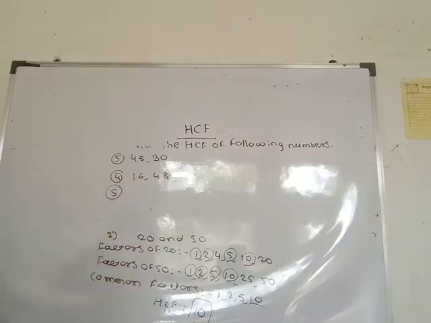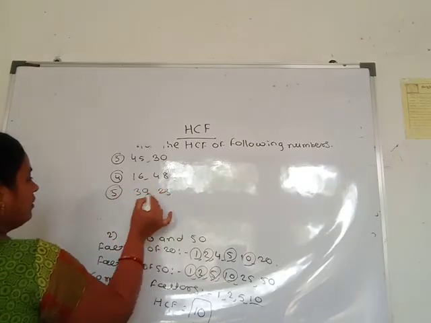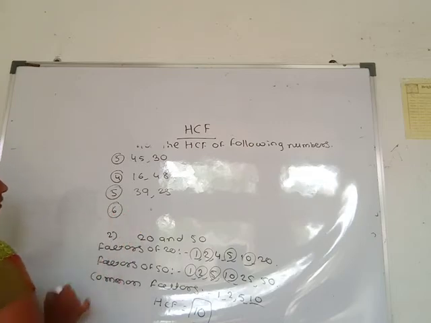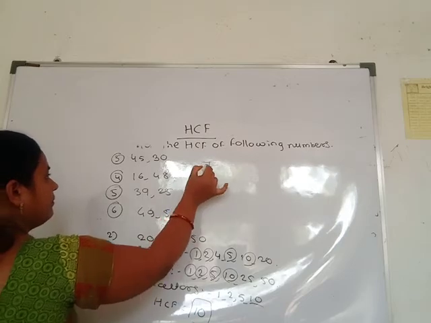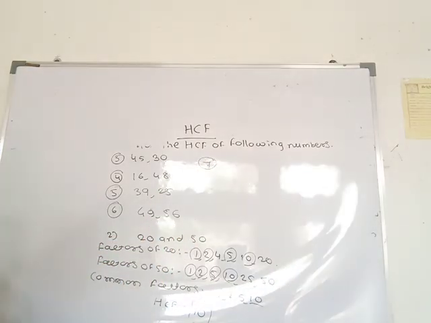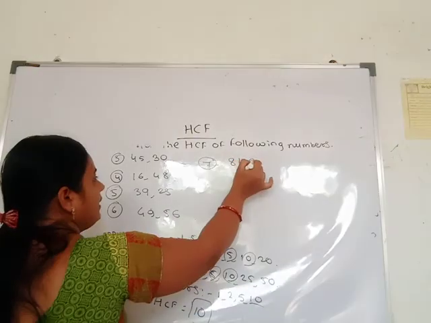Fifth: 39, 25. Then 49, 56. Then 81, 99.